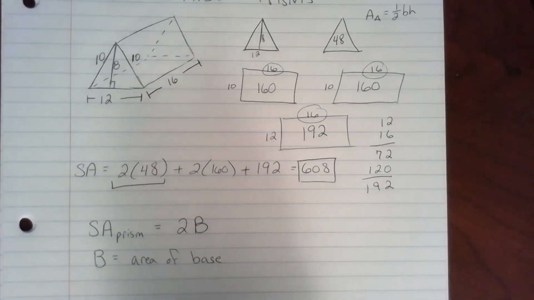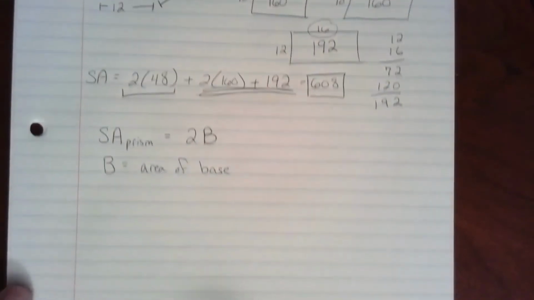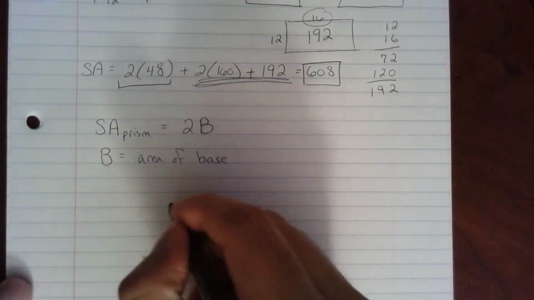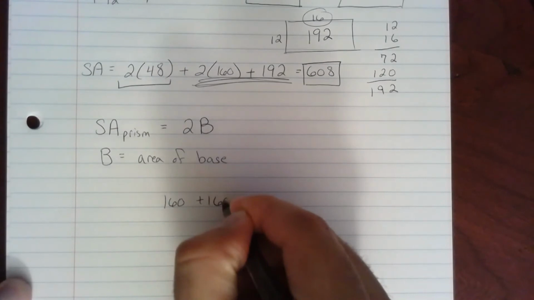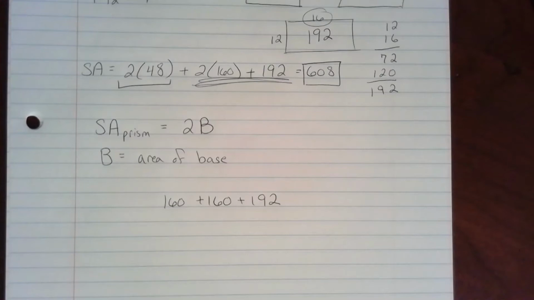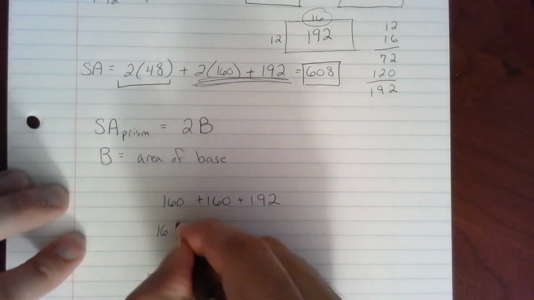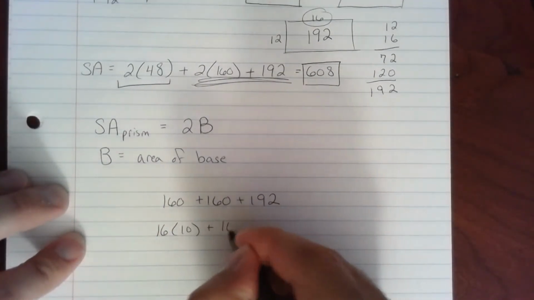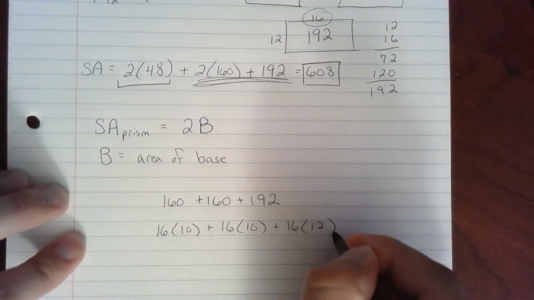When we came up with this portion, I'm going to do a little scrap work. We had 160 plus 160 plus 192. This was all of our rectangular stuff. But really, this was 16 times 10 plus 16 times 10 plus 16 times 12.